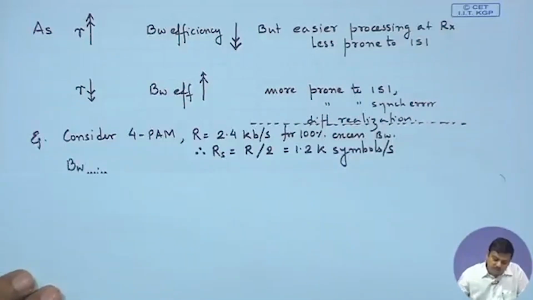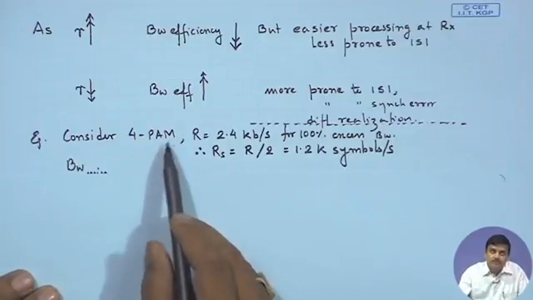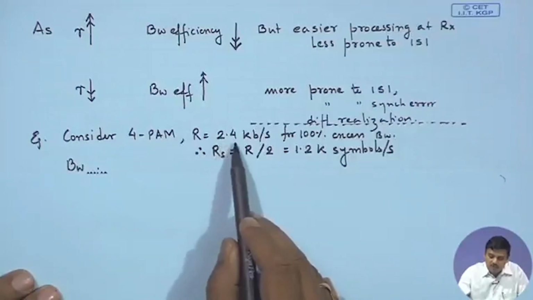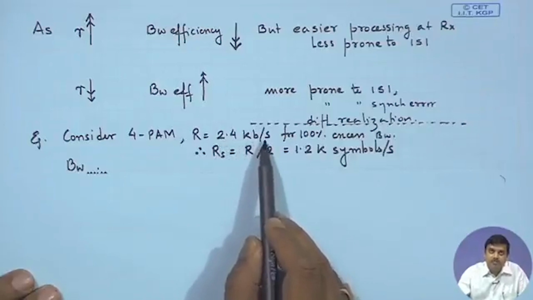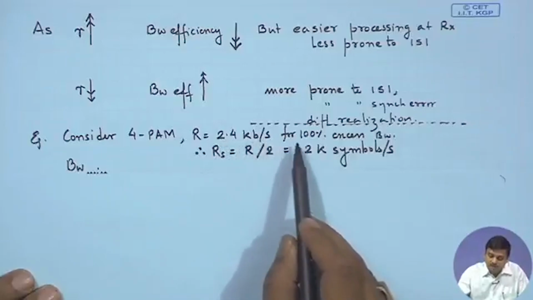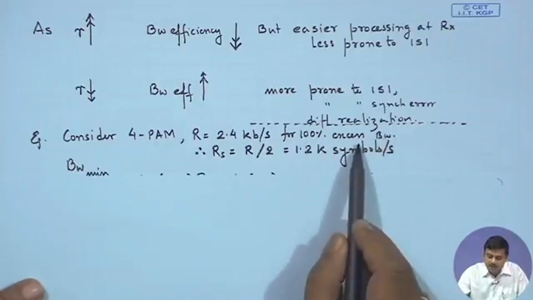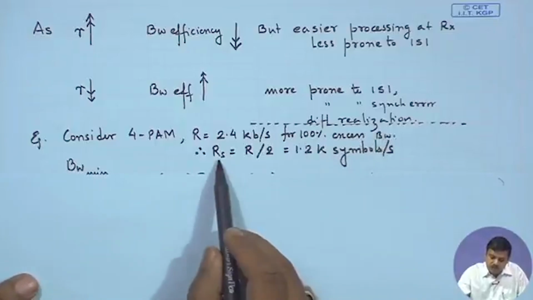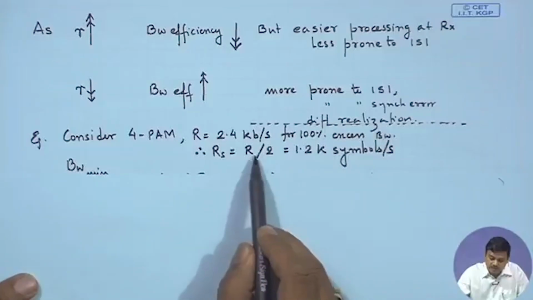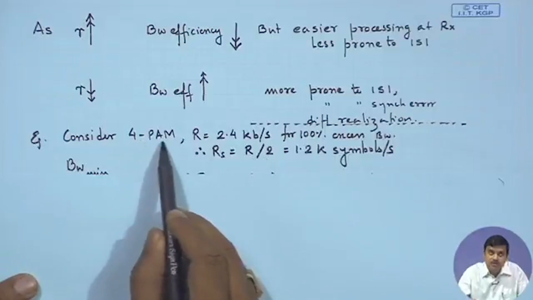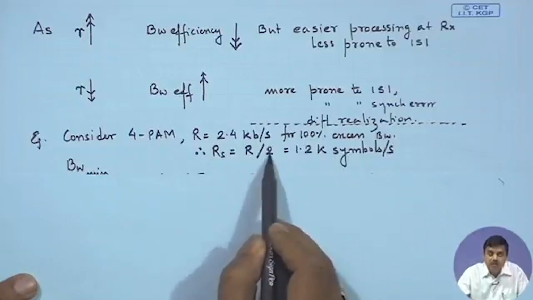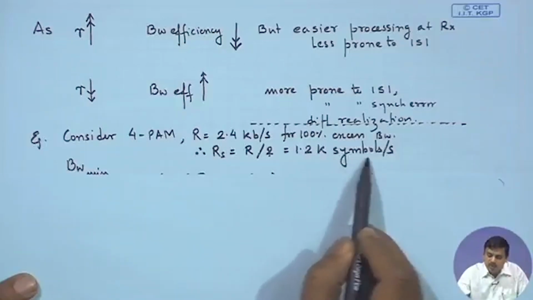So, as an example, take 4 PAM with R equal to 2.4 kilobits per second, for 100% excess bandwidth, that means the roll-off factor is 1. You are going to get R s equal to R by 2, because there are 2 bits per level. So, you have 1.2 kilosymbols per second.